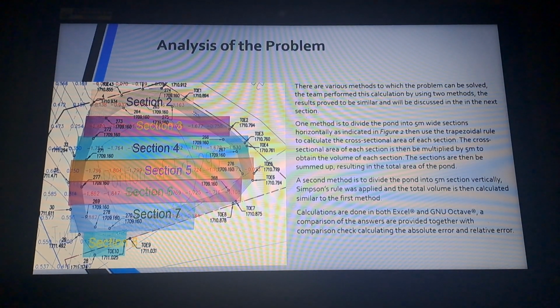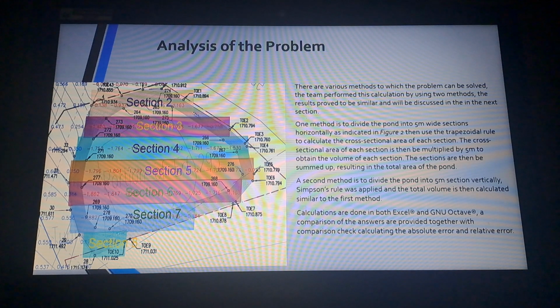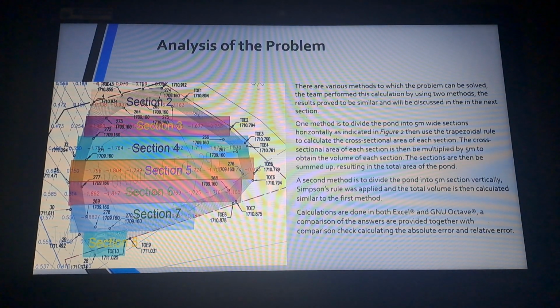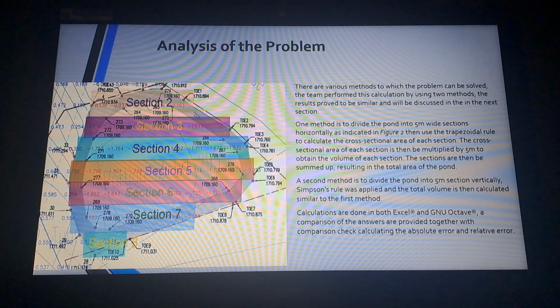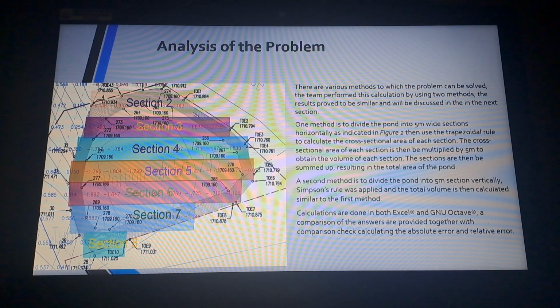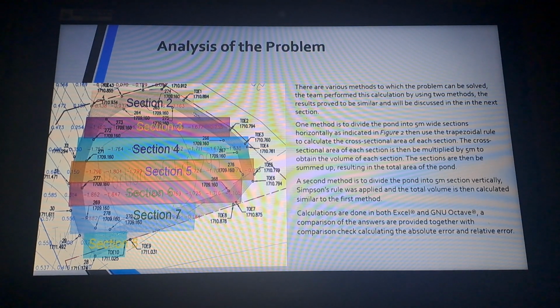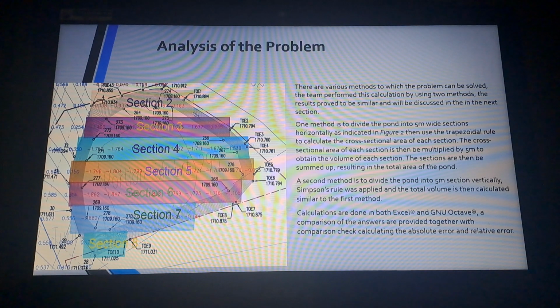One method is to divide the pond into 5-meter wide sections horizontally as indicated. And as for myself, Mduduzi Mnganga, I went in a vertical direction of the pond to just confirm if the areas will still give you the same volumes required.